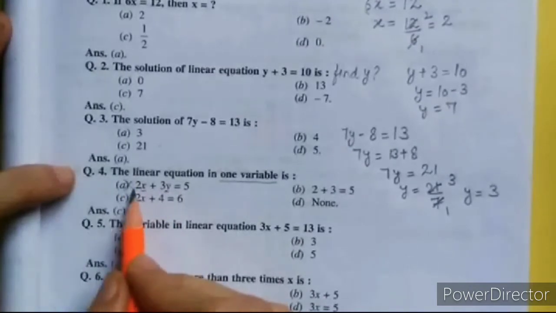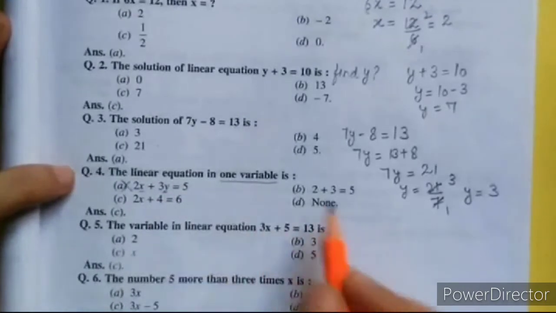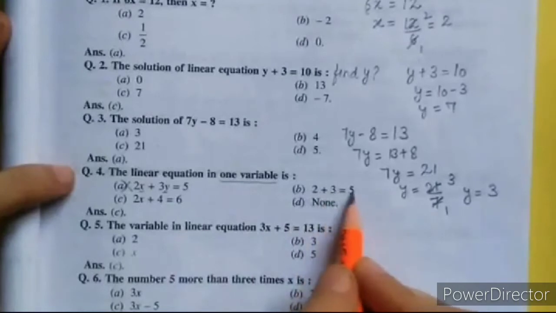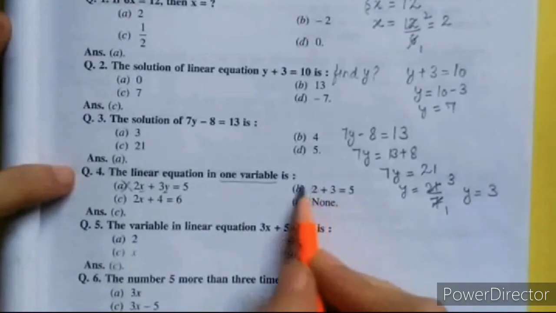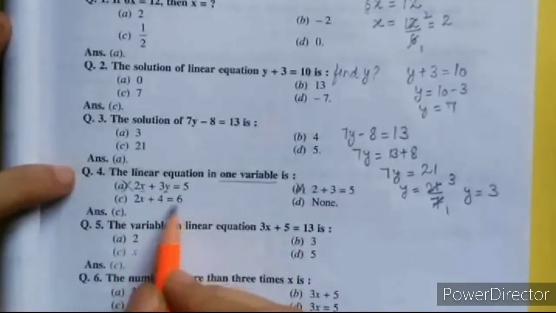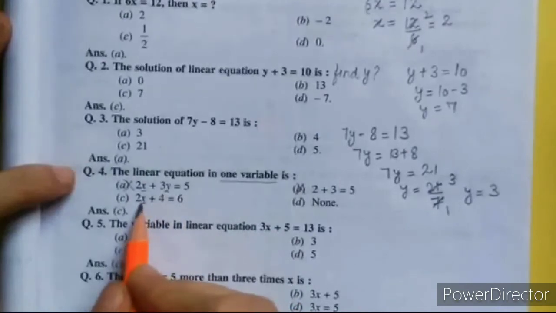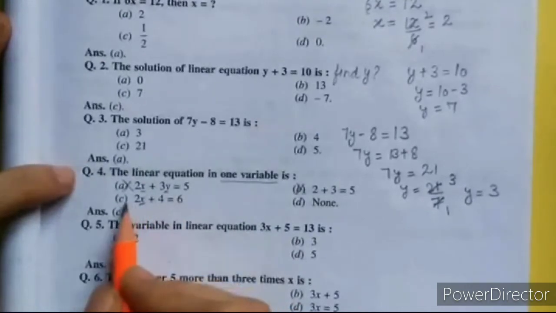So, option A is wrong. They are asking one variable. In the B option, 2 plus 3 equal to 5. In that there is no variable. So, option B is also wrong. Option C, 2x plus 4 equal to 6. In this we have one variable. Therefore, option C is the right answer.